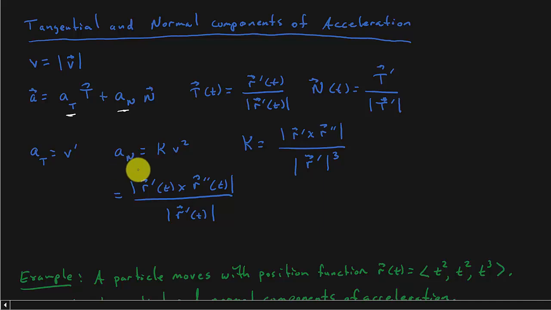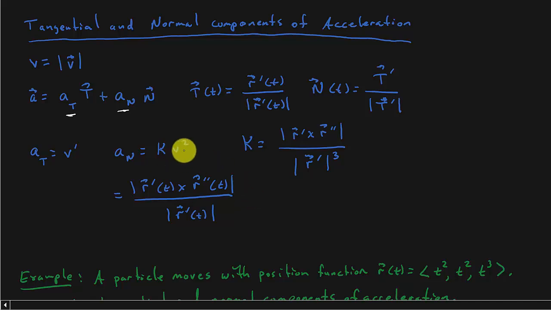And then a sub n is the curvature times v squared. Remember the curvature is this formula, so you can actually simplify it a little bit. v squared is the magnitude of the velocity squared, which is also the magnitude of r prime squared.